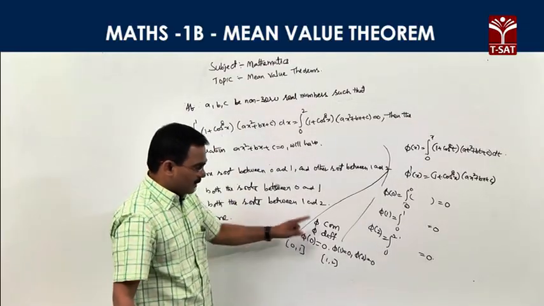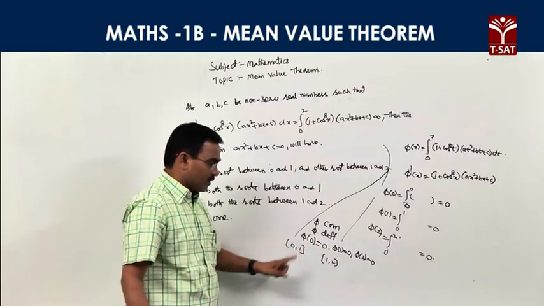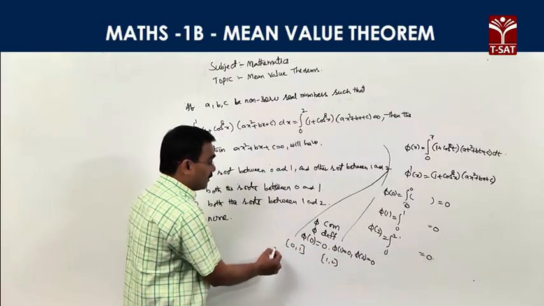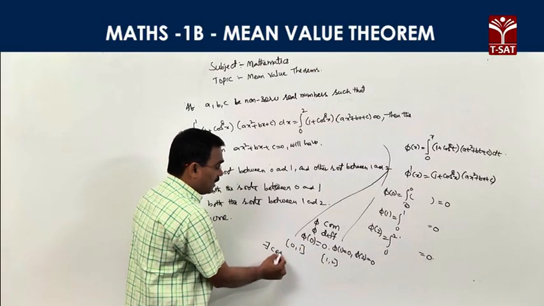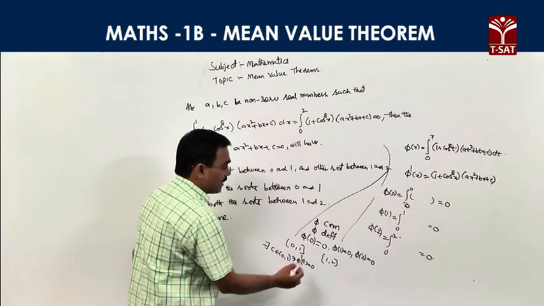You observe our function φ is continuous and differentiable, and φ(0) is equal to φ(1) is equal to 0, which implies there is at least one point c1 belongs to open (0, 1) so that φ'(c1) is equal to 0.